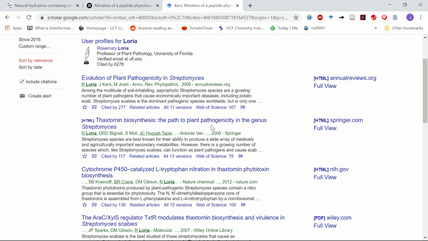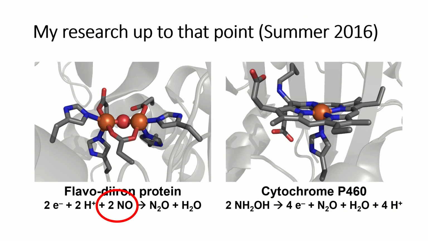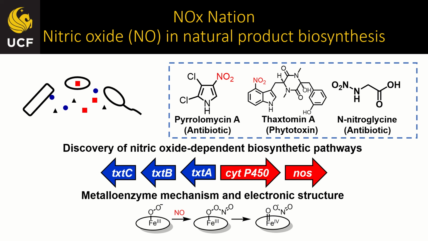And so this led me to a much longer literature search that I read through and eventually developed the program that is now our research program at UCF, which we call Noxnation, where we look at the installation of nitro groups and NN bonds that we think require nitric oxide or other compounds such as nitrite and nitrate for their installation.